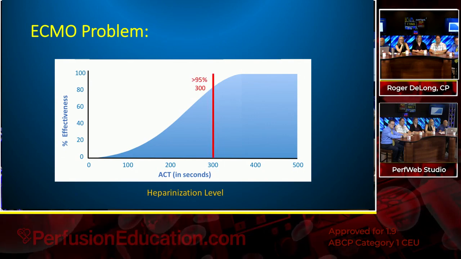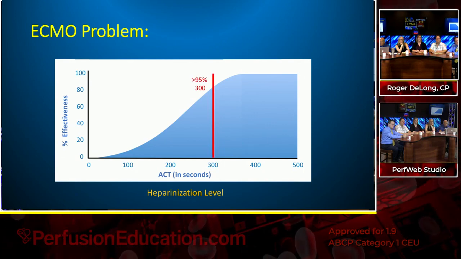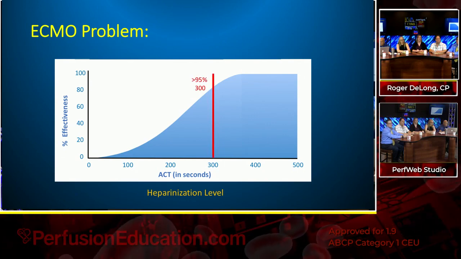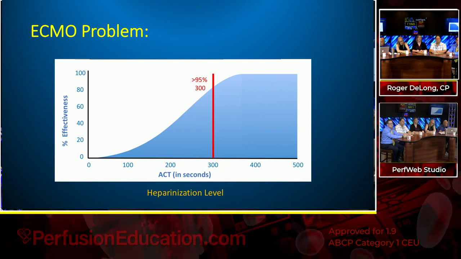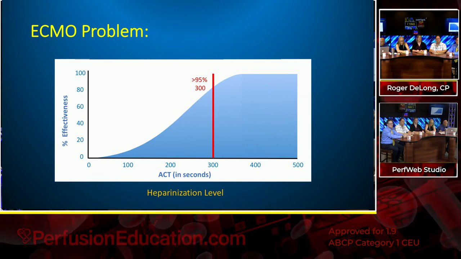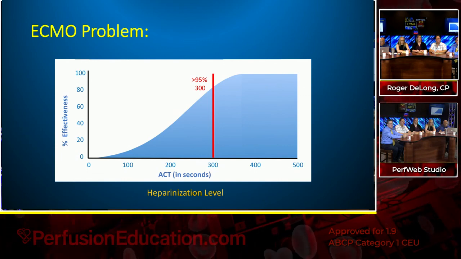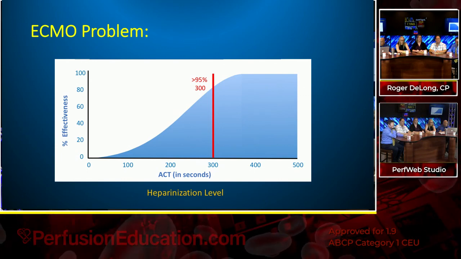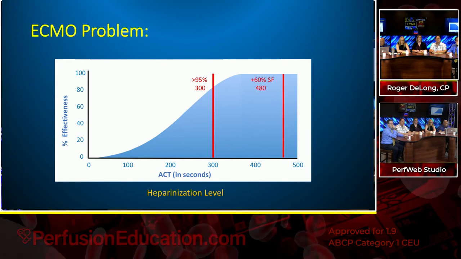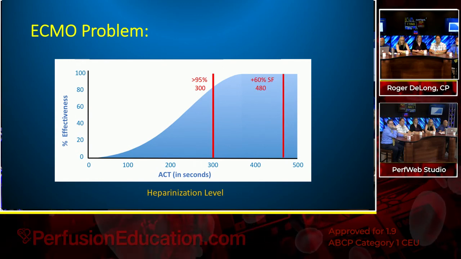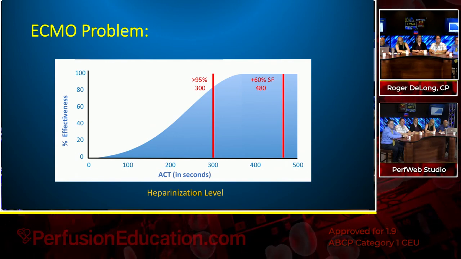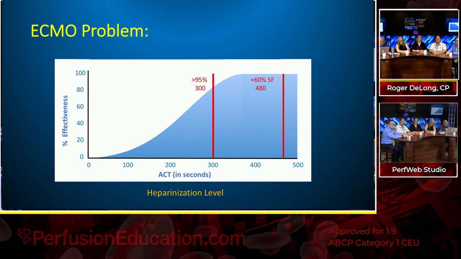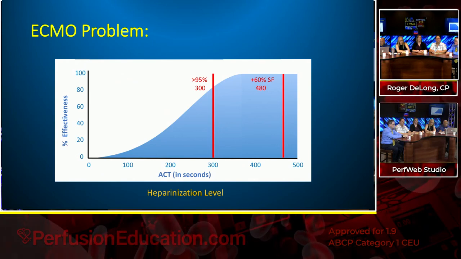At a level of about 300, we will effectively anticoagulate well over 90% of the population. Safety factors of 33 and 60% were added to that. Next slide. Showing here the 60% over top of the other number, that's where the common number of 480 comes from. It's nothing more scientific than that.